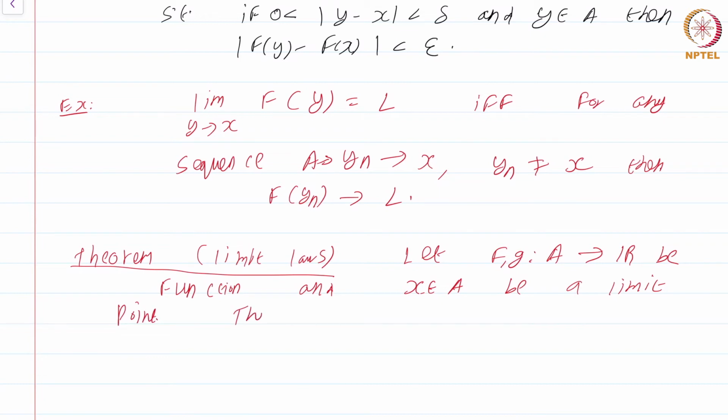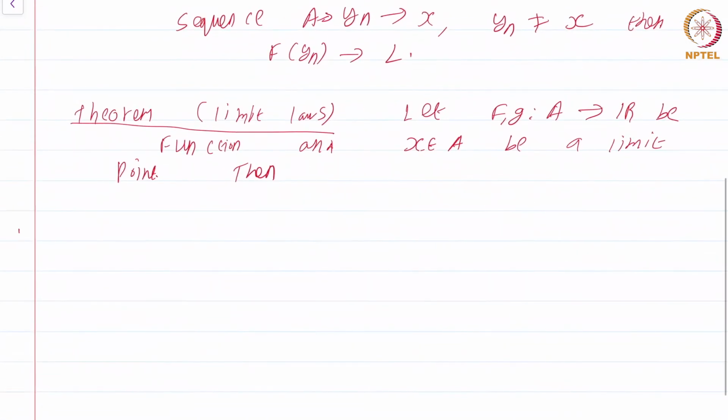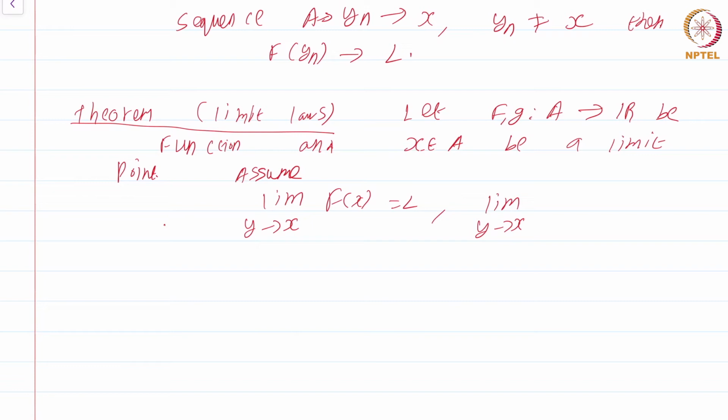I must also make one more hypothesis. Assume the limit as y goes to x of f of y equals L, and the limit as y goes to x of g of y equals M.